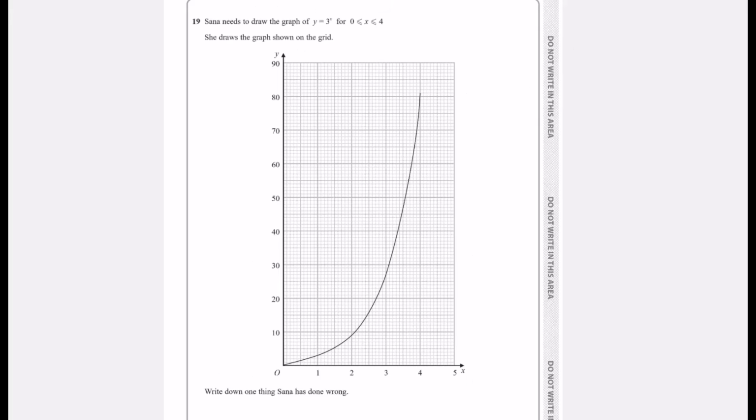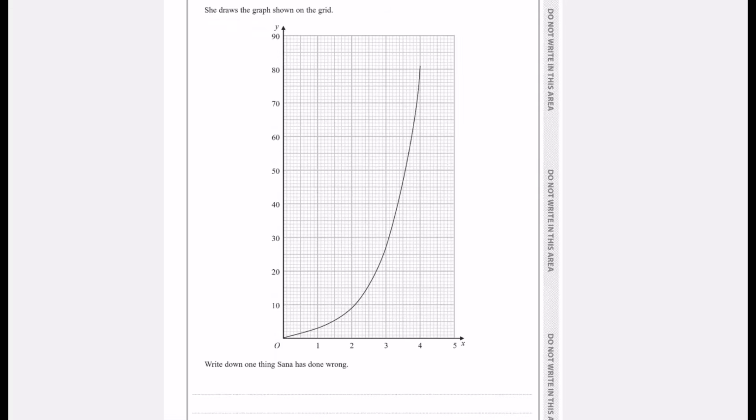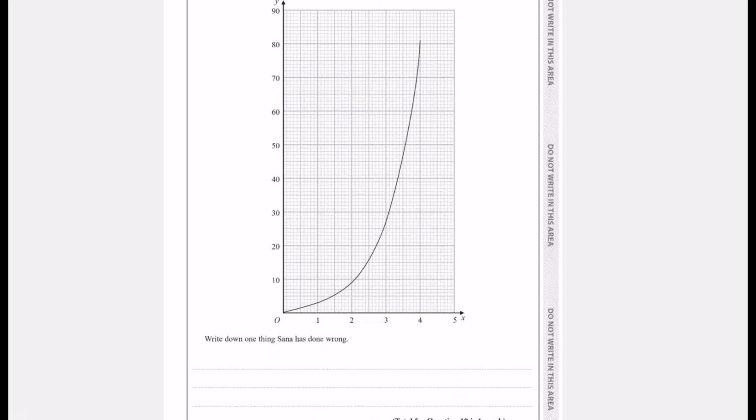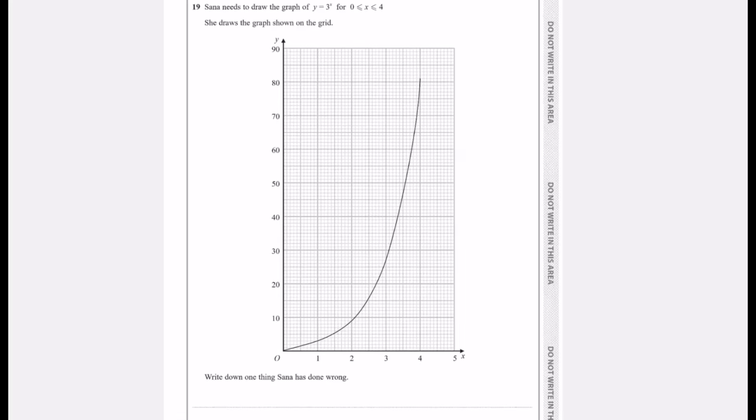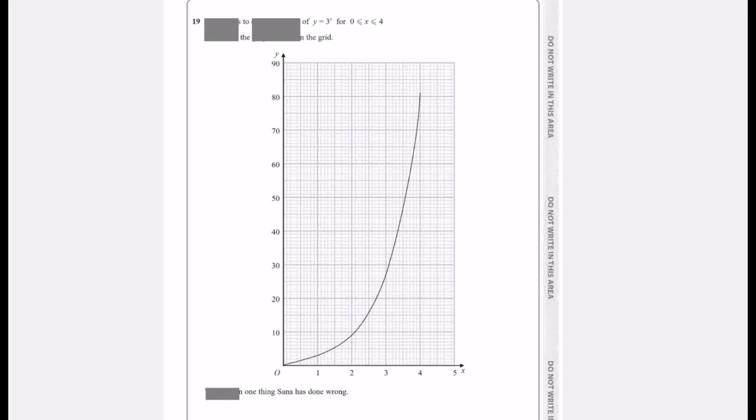Question 19. Sana needs to draw the graph of y equals 3 to the power of x between 0 and 4. The x values between 0 and 4. She draws the graph. Write down one thing Sana has done wrong. So the graph should be intersecting here at 1.